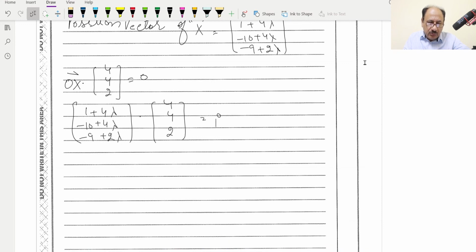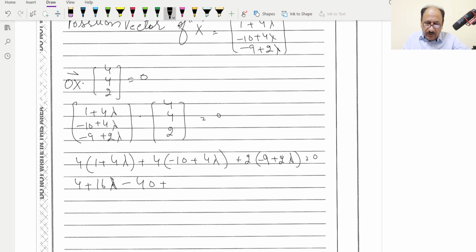This will be 4 multiplied by 1 plus 4 lambda, plus 4 multiplied by minus 10 plus 4 lambda, and plus 2 multiplied by minus 9 plus 2 lambda, equal to 0. Now we can open the brackets. It will be 4 plus 16 lambda, and minus 40 plus 16 lambda, and minus 18 plus 4 lambda, equal to 0.